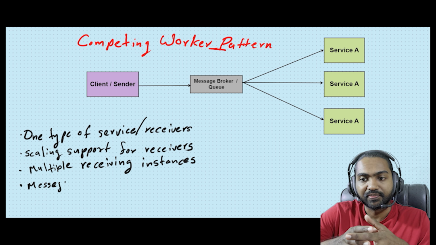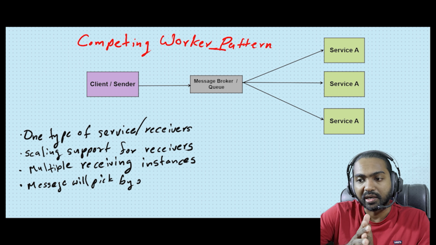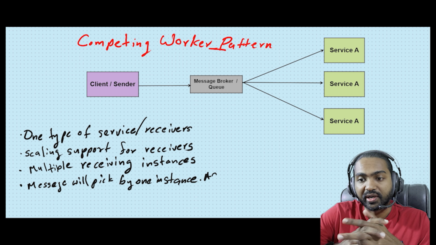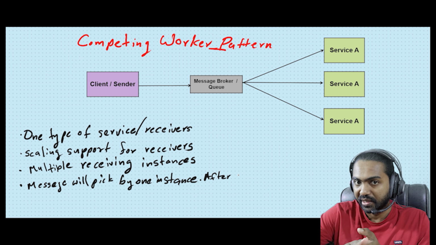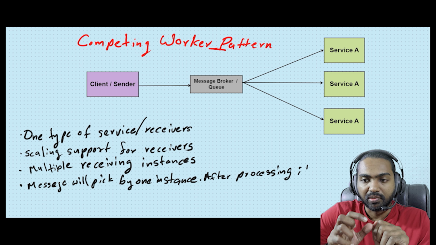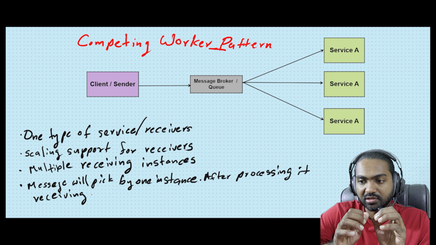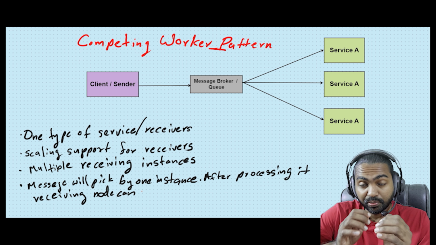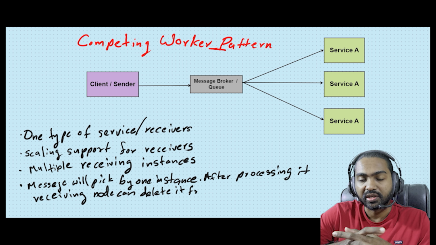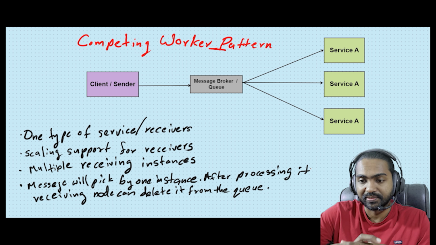This makes sure of the redundancy of the receiving service since it allows multiple service instances. Therefore, a failure of an instance will not make an impact. A message will be picked by one instance of the service only. A successful process of the message removes the message from the queue by the instance that processed that message.